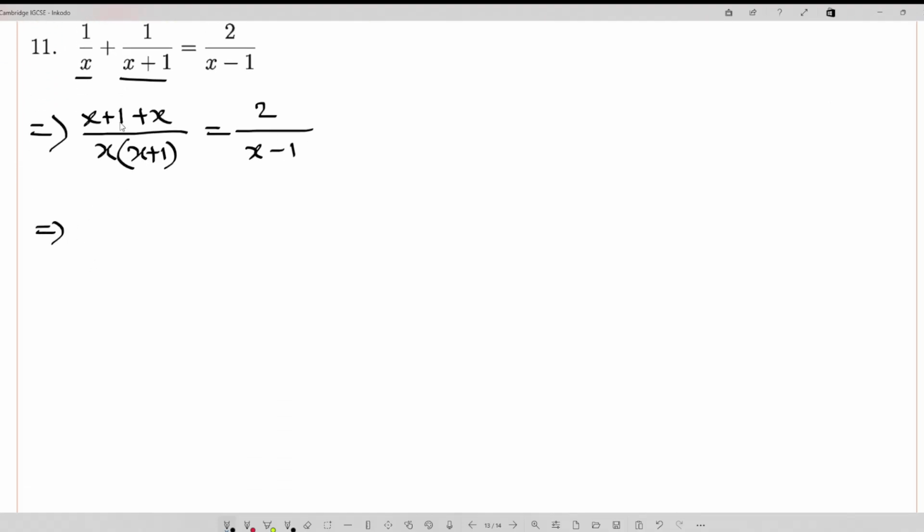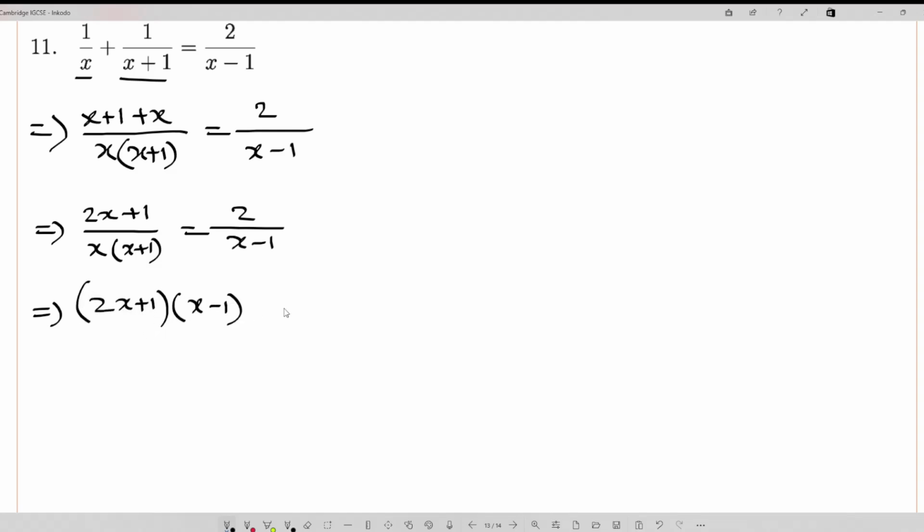Now x plus x will be 2x plus 1 divide x plus 1 equals 2 by x minus 1, right? Now we can cross multiply. It means 2x plus 1 and here is x minus 1 equals 2 times x plus 1, right?